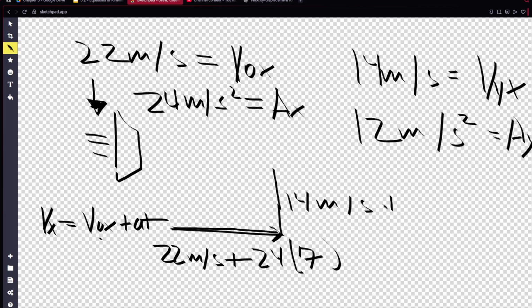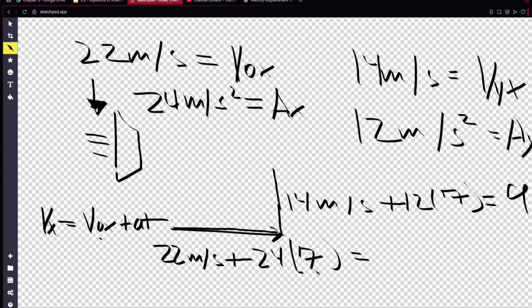So 14 meters per second plus 12 times 7. I'm going to use my mental math. So we have 84 plus 14, which is 98. Sorry, my brain couldn't do that.